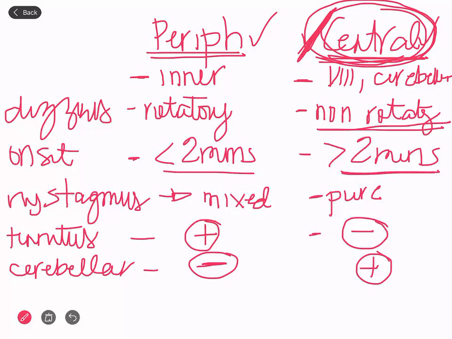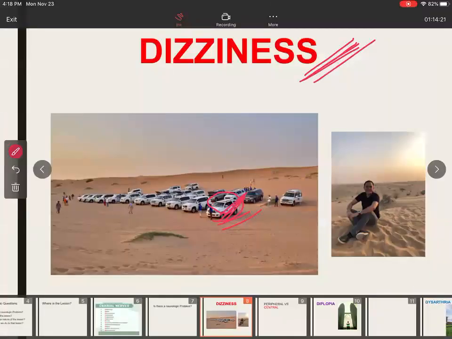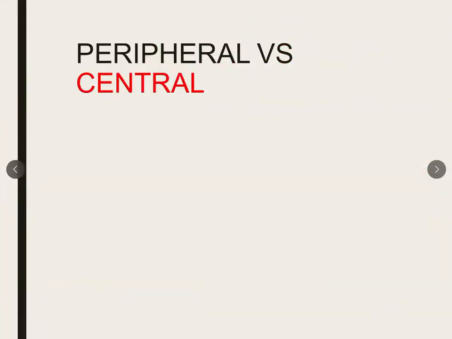Do you get that? So when a patient goes to you complaining of dizziness, always remember, is this a peripheral type of dizziness or is this a central type of dizziness? Okay? And then for the treatment, of course, you will learn that in your pharma and in your neuro too. Do you have any questions regarding the peripheral and central type of dizziness? Okay, that is for dizziness, no?